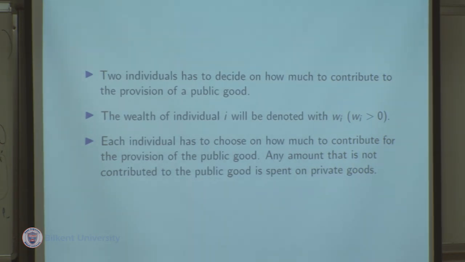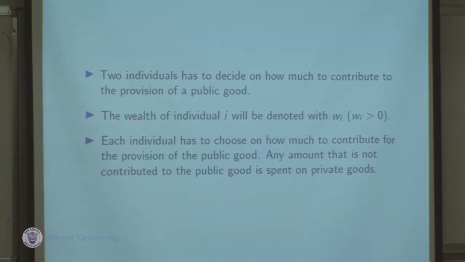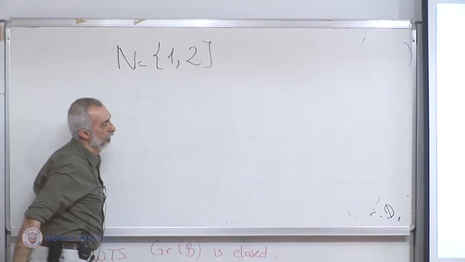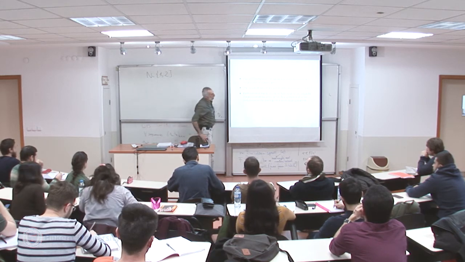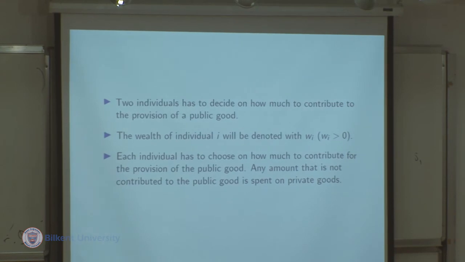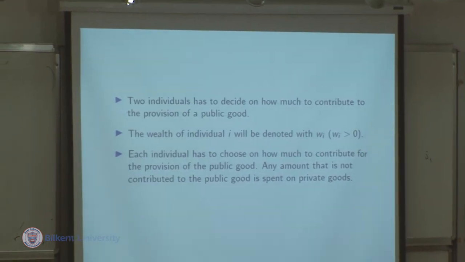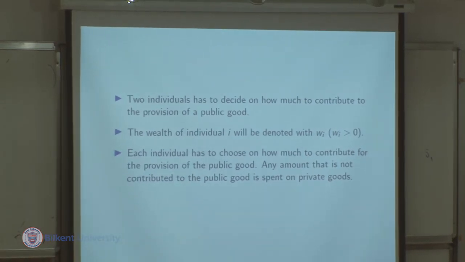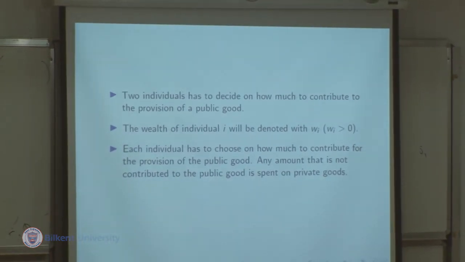So as we read the story, let's do our modeling. So we have two agents. That means that N we can take as 1 and 2. The wealth of individual I we will denote by WI, W for wealth. We assume that WI is bigger than 0. Well, if it's equal to 0, the player, that individual doesn't have any role in the game. He cannot contribute anything.